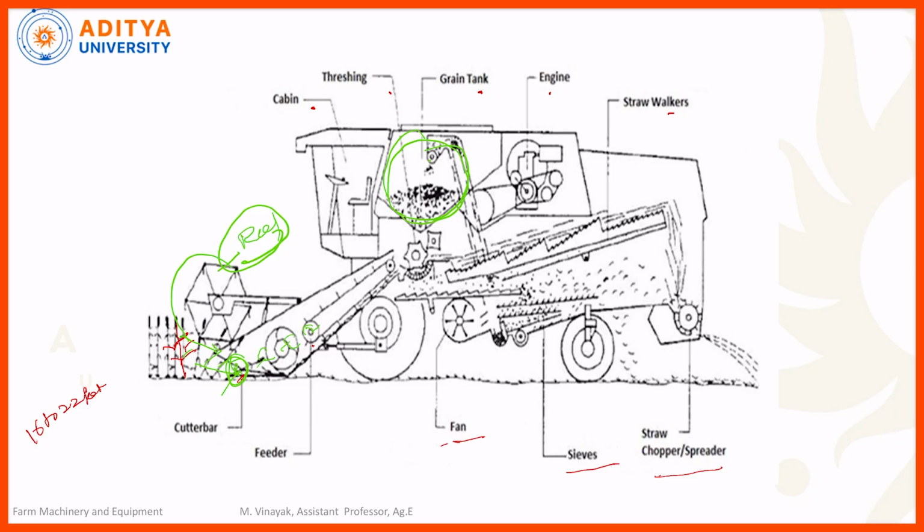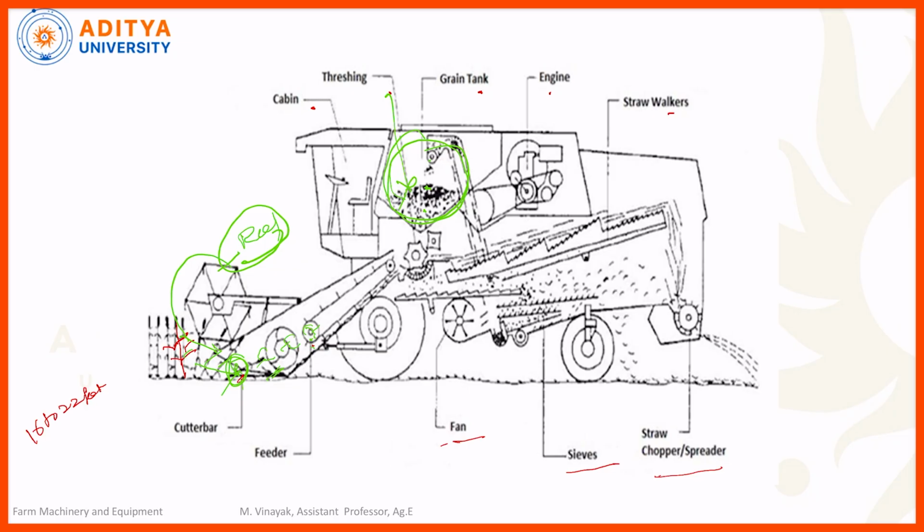By using the feeder roller, the harvested crop material travels from the cutter bar to the threshing chamber. So the cutter bar's function is to harvest the crop and the feeder's function is to convey the crop from the cutter bar section to the threshing chamber. The threshing chamber's function is to separate the grain from the crop material. So here the threshing operation is carried out.